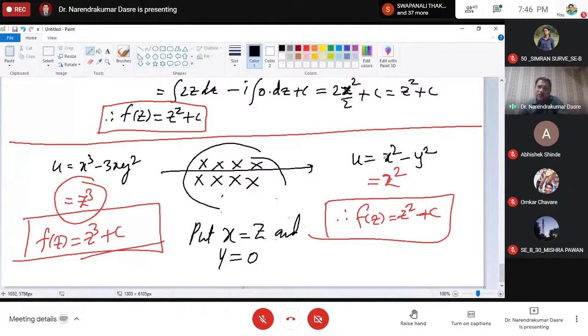For example, here u is equal to x square minus y square; if you put x is equal to z and y is equal to 0, then this will be z square, and add the constant of integration c, that is going to be the function f of z, which is analytic. So is your query satisfied?